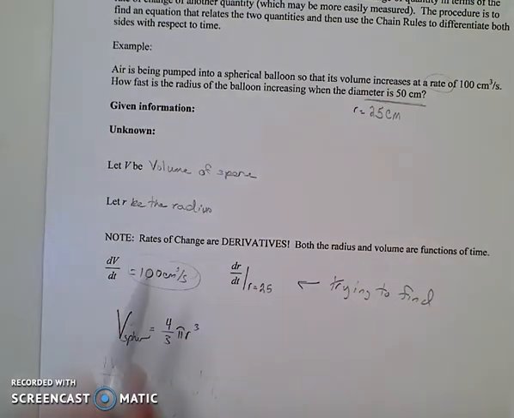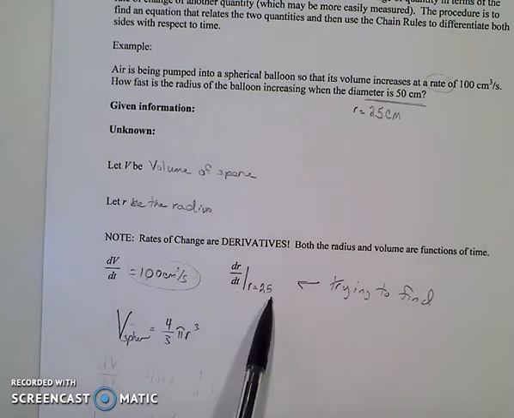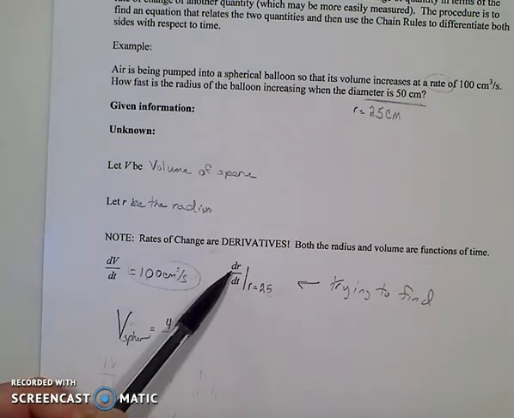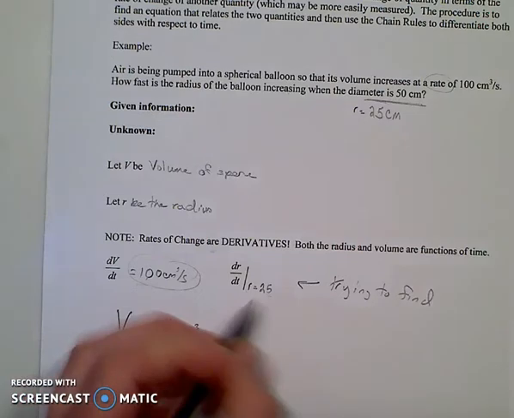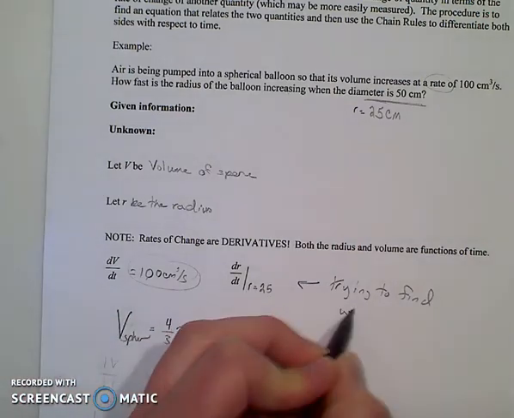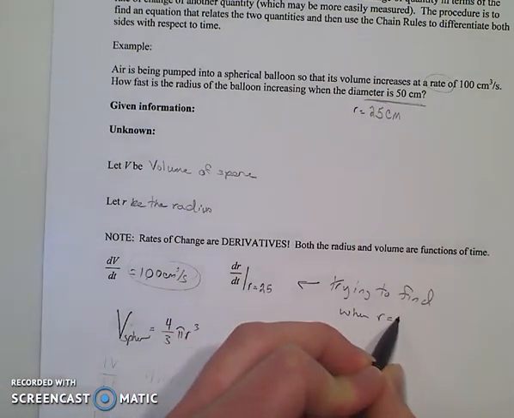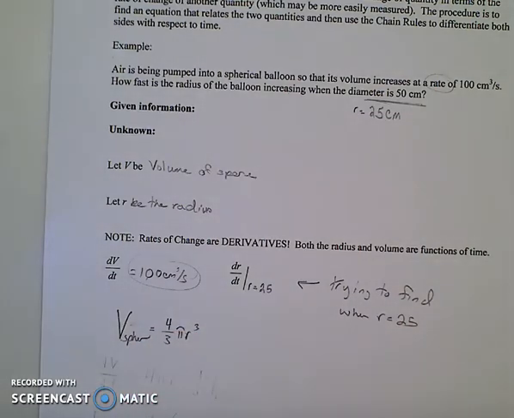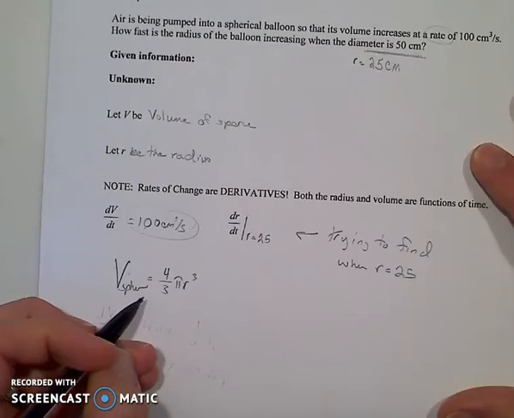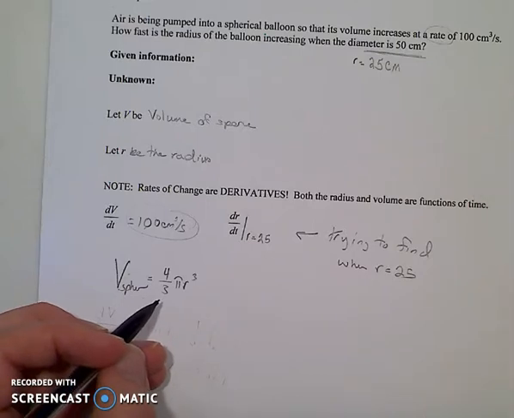Here's the key. You cannot plug in 25 until you have dr/dt. So we're looking for this when the radius equals 25. I get that. But this is key. You cannot plug in 25 until we take the derivative. So if we look here, we have the volume of the sphere, 4/3 pi r cubed. We're going to take the derivative of that with respect to time.